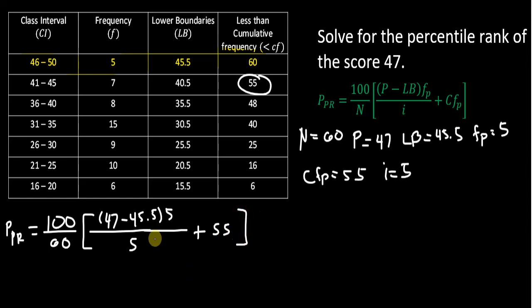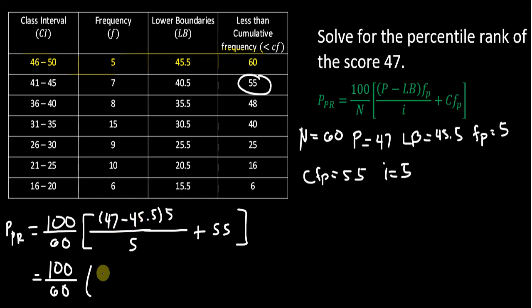Okay, simplify muna natin tong fraction dito sa loob. So, that is equal to 100 over 60 times, pwede kayong gumamit ng calculator dito, 47 minus 45.5, that is equal to 1.5. Multiply nyo sa 5, that is 7.5, then divide nyo sa 5, that is 1.5.